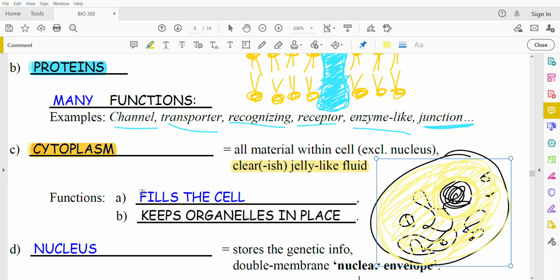Well, first of all, it fills the cell. We can't just have a cell empty because there needs to be something in there. And by having this jelly-like fluid, it also helps to keep the organelles in their place. So it fills up the gaps, helps stuff to stay where they should be inside the cell. So that was our cytoplasm.